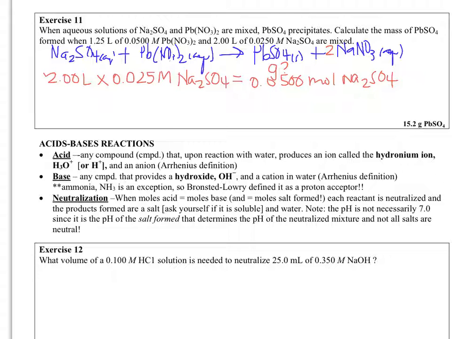I'm going to give you a second. I want you to do the same thing for the lead nitrate while I get mine up on the board, and we're going to compare number of moles.